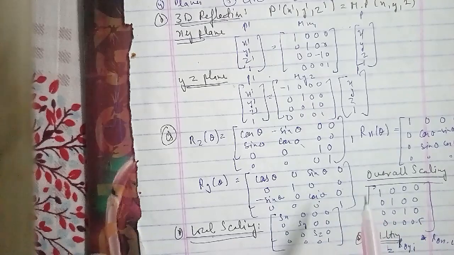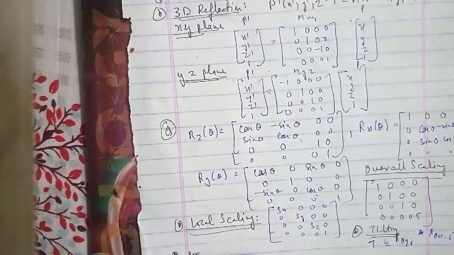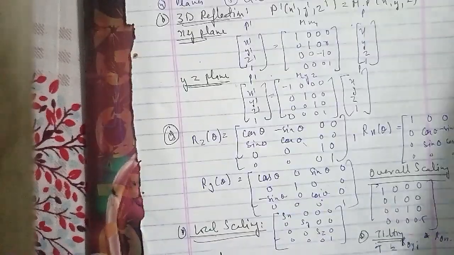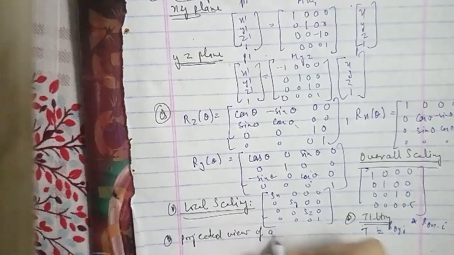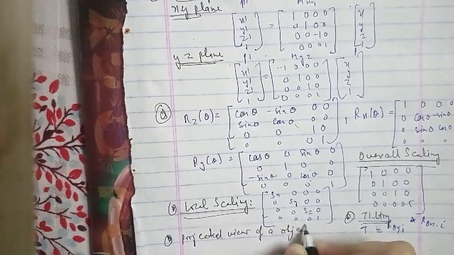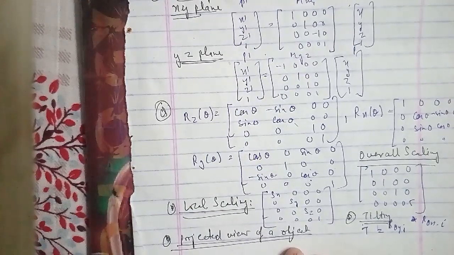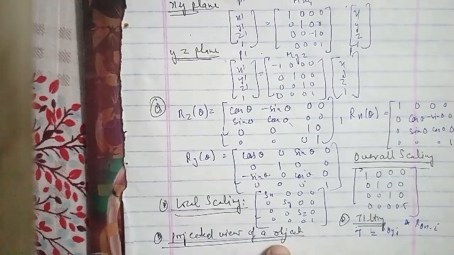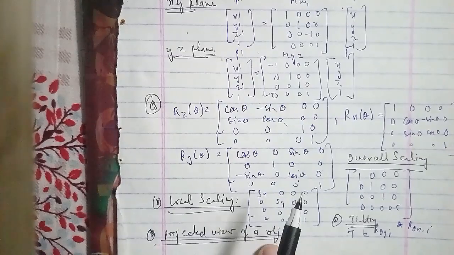Now we'll understand another question, which is how can we determine the projected view of an object. The projected view of an object is determined by calculating the intersection of the projection lines with the view plane.